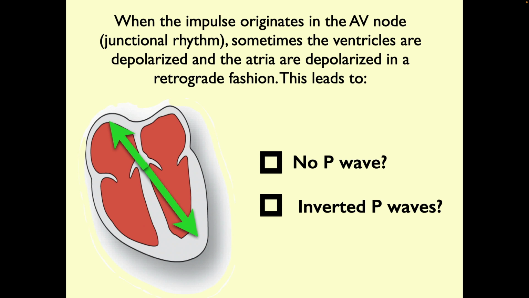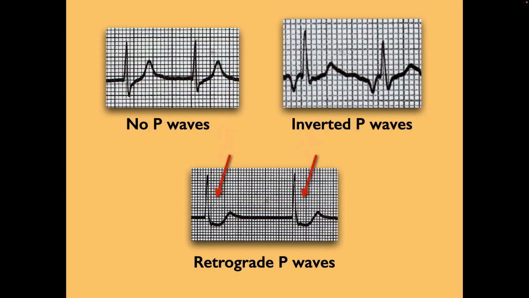But if this one goes first and this one goes second, then we're barely going to see this one at all because it's going to be buried in the ventricular depolarization. So ventricular depolarization happened first, and then atrial depolarization occurred, but we can't really see it very well because it's buried. That little blip there is the retrograde P. Does that make sense? So these are all three signs of how P waves look in junctional.